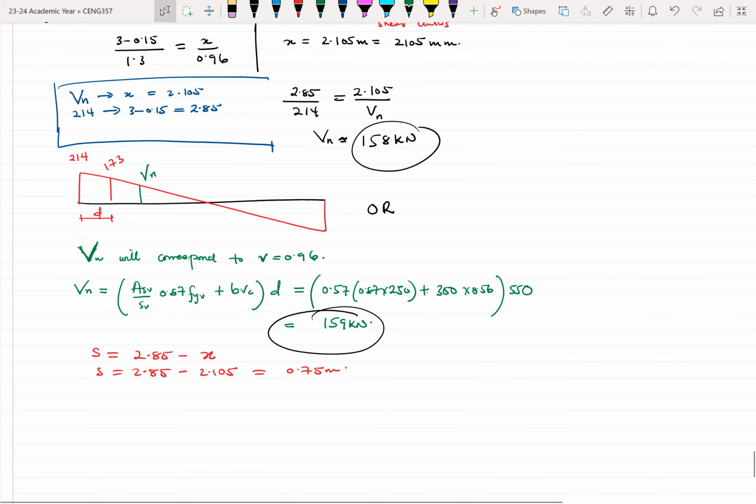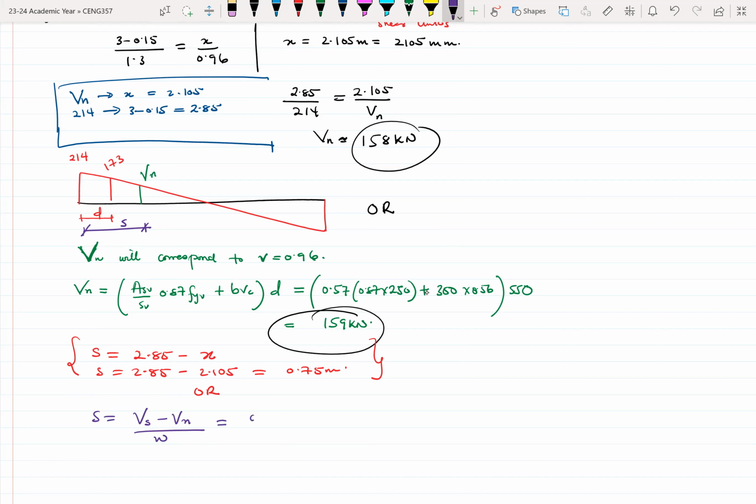All right. So you can use the values or the distances to find S, or you can also use the shear forces to find S, right? So for example, here will be your S again. S there will be equal to Vs or Vn, depending on what you want, minus Vn all over W. And this will still give us 0.75.